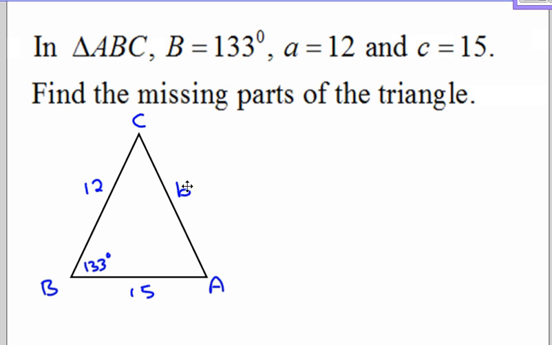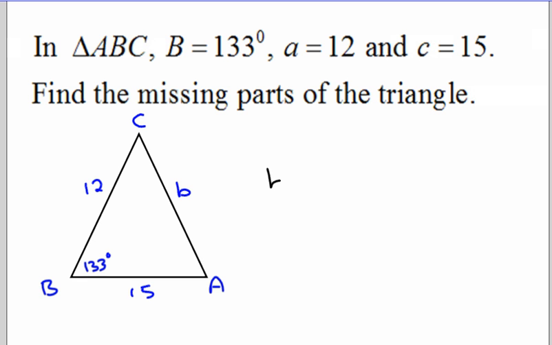We don't have one, so we can't use the law of sines. The law of sines is a little more straightforward, so that's the one we want to try to use if we can. Since I can't, I'm going to go to the law of cosines. Since they give me this angle, the only angle I have, I'm going to find this side first.